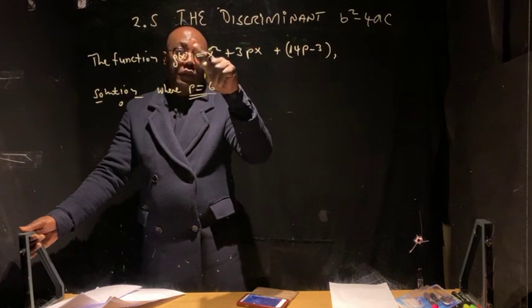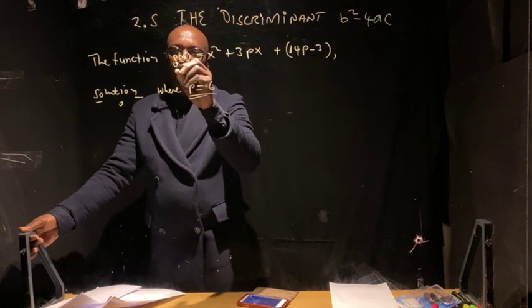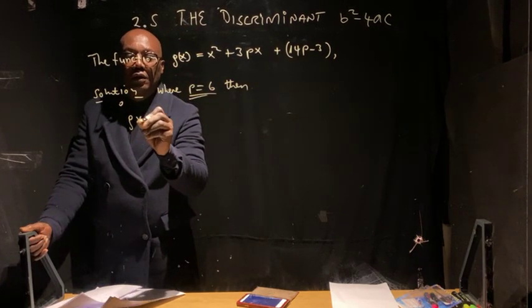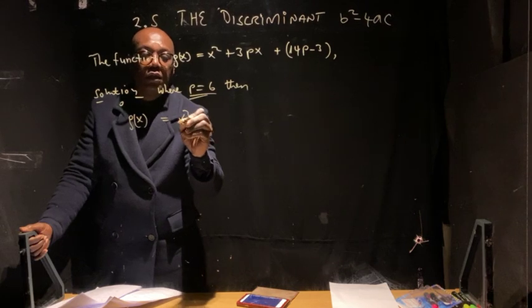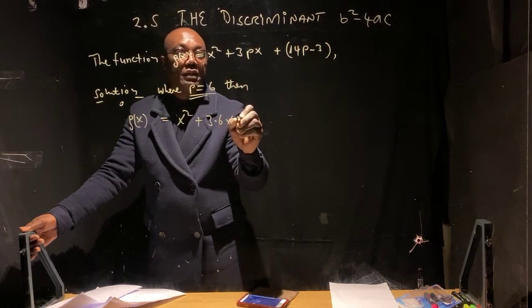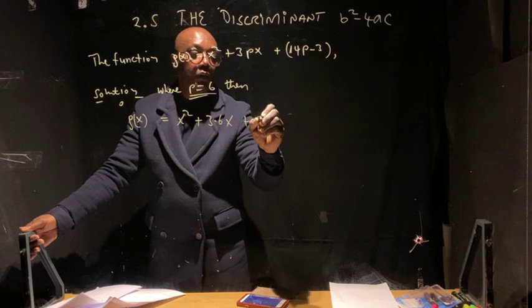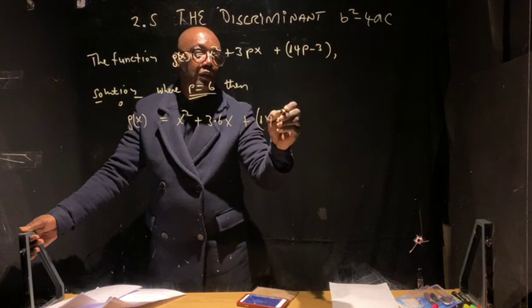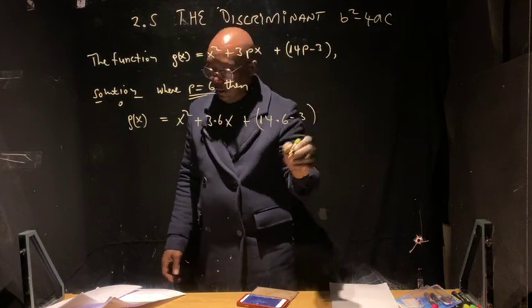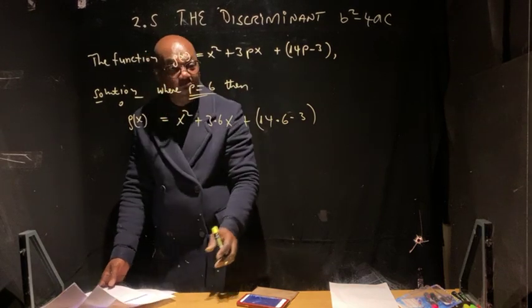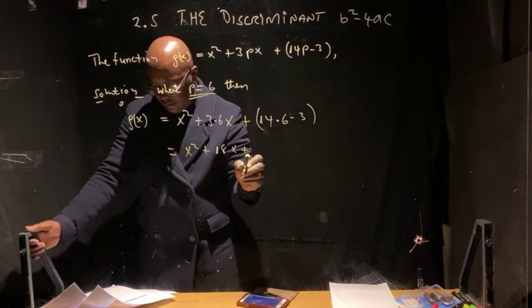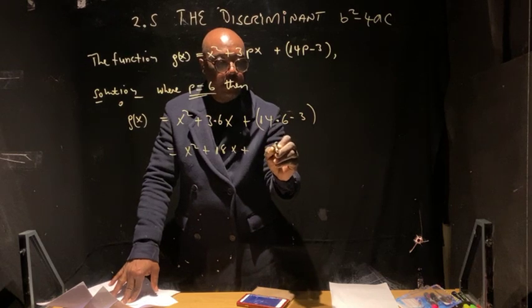Then this given quadratic equation becomes g of x equal x squared plus 3 times P, that is 6, x plus 14 times P, that is 6, minus 3, which is not different from x squared plus 18x plus 84 minus 3.